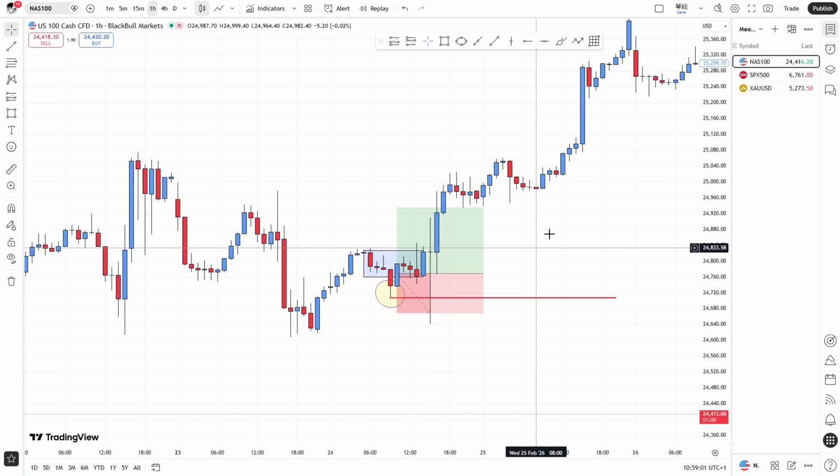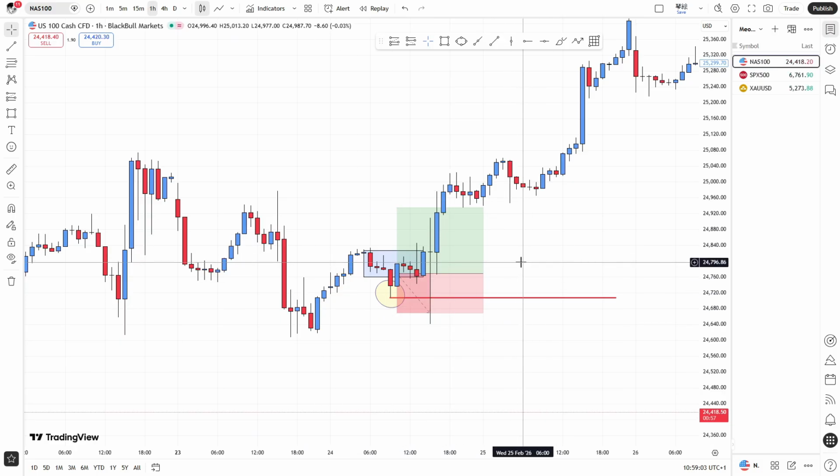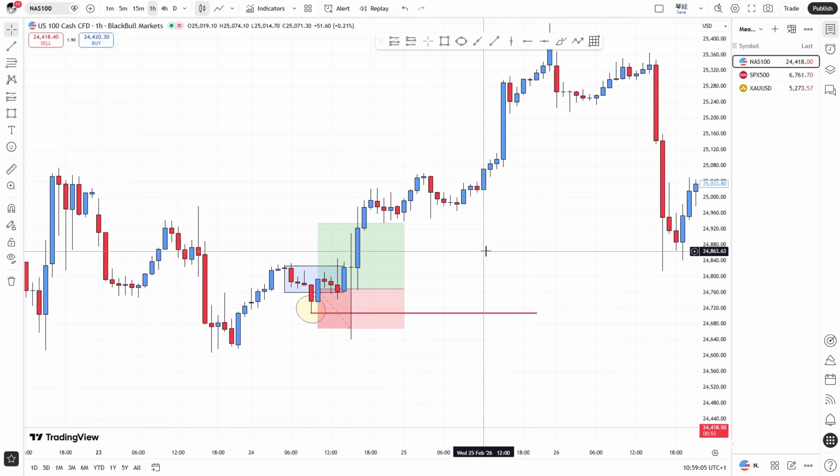So you need to look at it and be like, okay, now they're taking their money out, and you know for a fact that in the next few hours, since this has happened, the probability of the market makers doing another liquidity sweep so soon is lower.